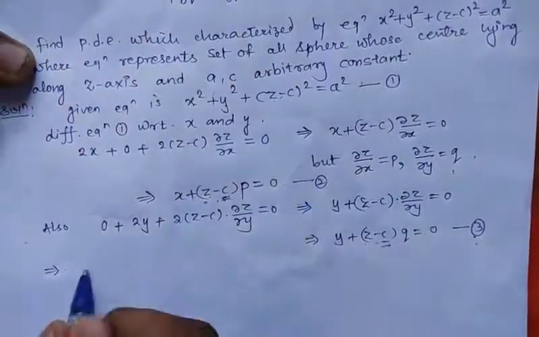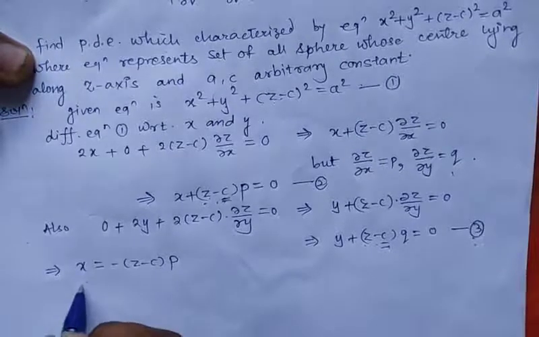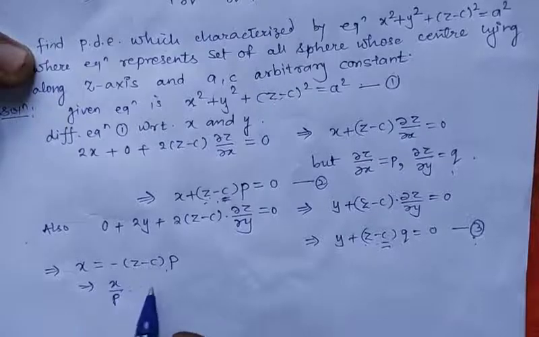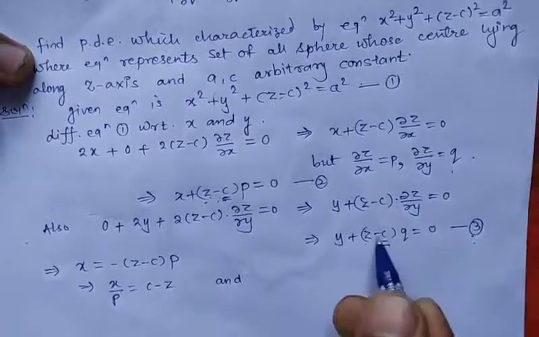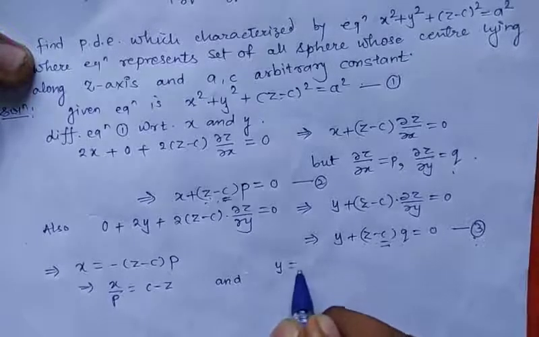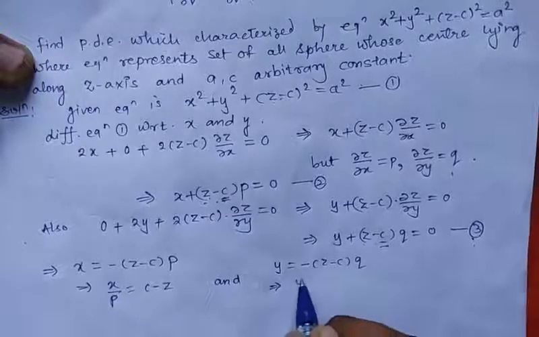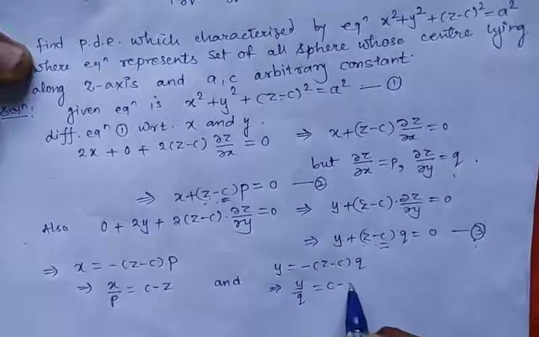So here x is equal to minus (z minus c) into p, which implies that x upon p will be, after multiplying by the minus sign, c minus z. And from the other equation, y is equal to minus (z minus c) into q, which implies that the value of y upon q is equal to, after multiplying by the minus sign, c minus z.